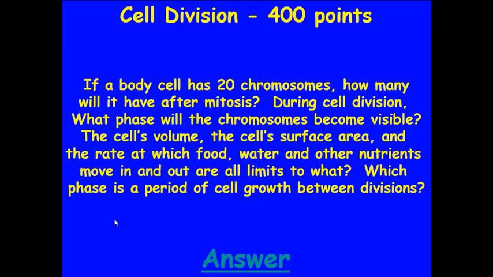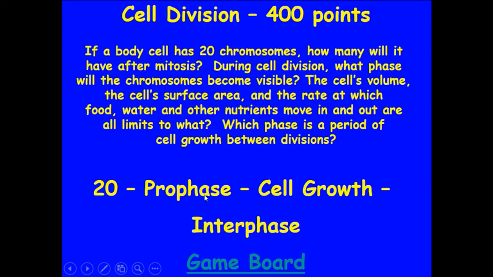All right, here we go. Okay, so if we're talking mitosis, you start with 20, you end with 20. Prophase is the first phase of mitosis and meiosis, and that's where the chromatin condenses into noticeable chromosomes.